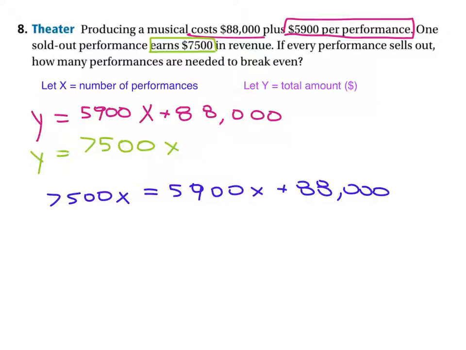Actually, no, you won't need to plug it back in. You could, but they're just asking if every performance sells out, how many performances are needed to break even. So I suppose you could just find out X in this case, and that would answer the question. I will urge you to solve for Y as well, and then use those X and Y values to do proofs and make sure that you're doing it correctly. Okay? But that's the general idea.